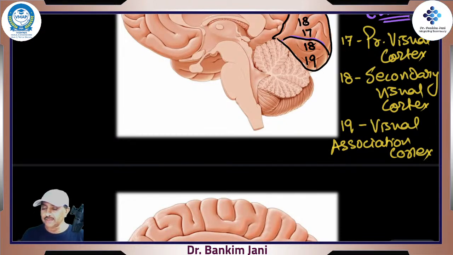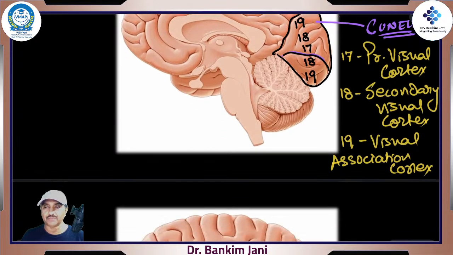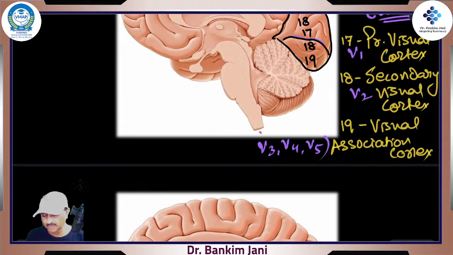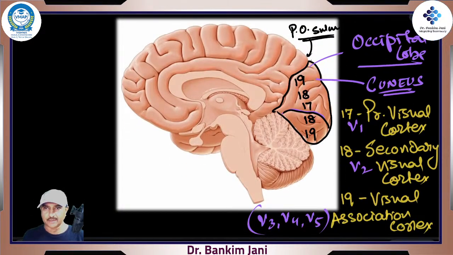In the visual cortex they are also named V1, V2, V3, V4, V5. Primary is V1, secondary is V2, and all the associations are V3, V4, V5. So this is how all those areas are linked.